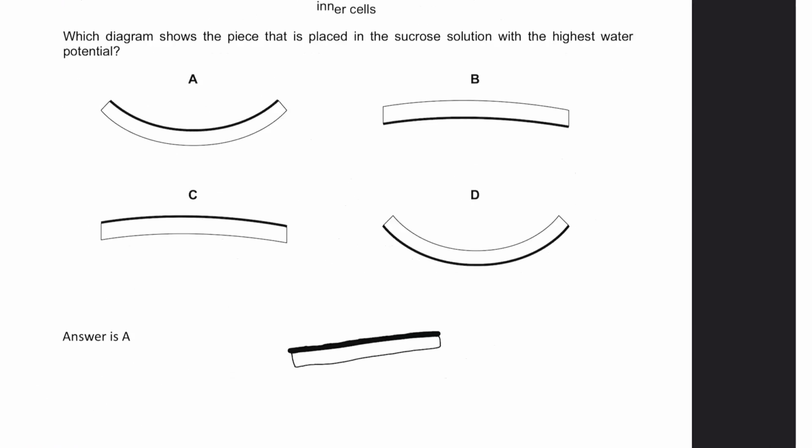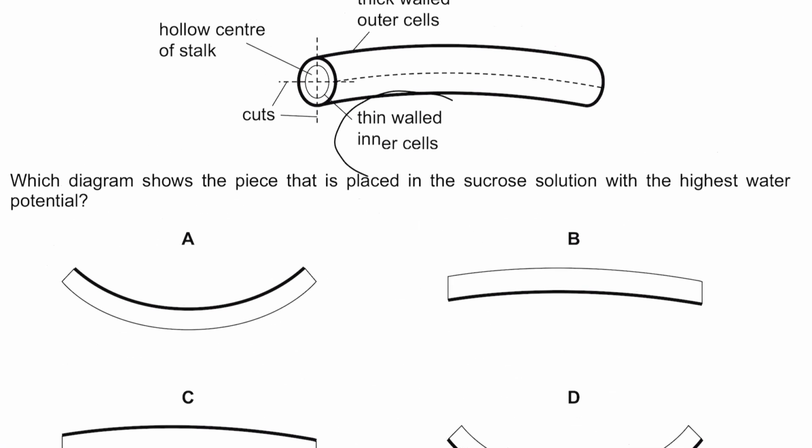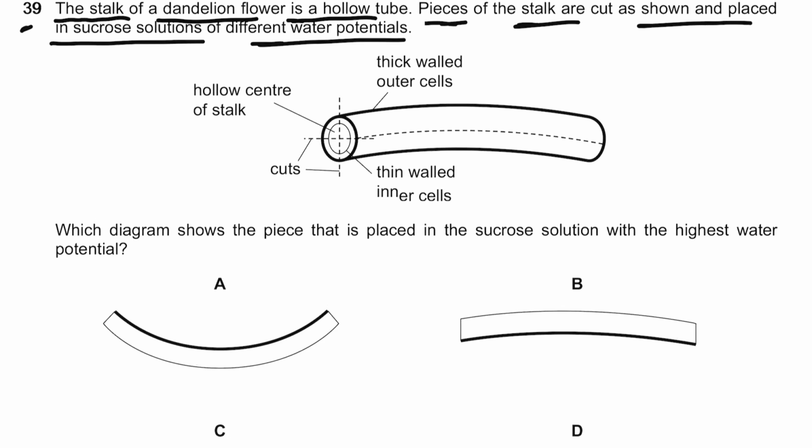You should know that the strip that they have cut has two ends. One end has cells with thick outer cell walls, and the other end has cells with thin cell walls, and these cells are known as thinner walled inner cells, and thick walled outer cells are the cells which are outwards.